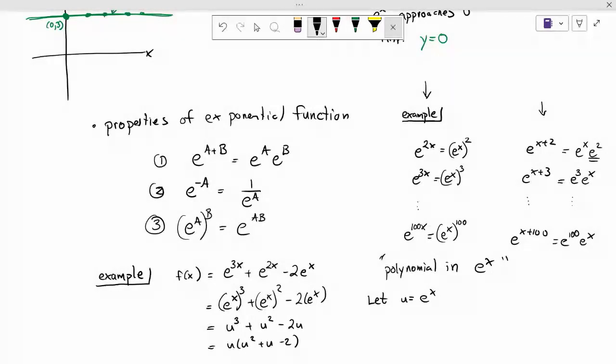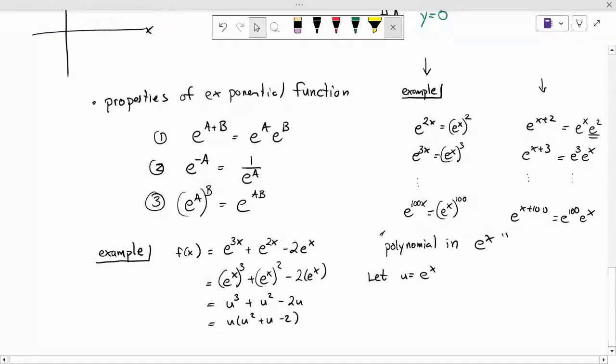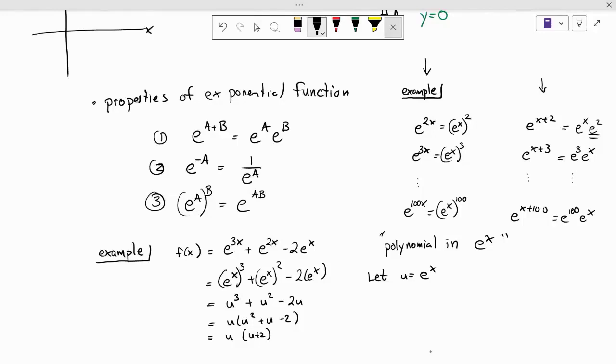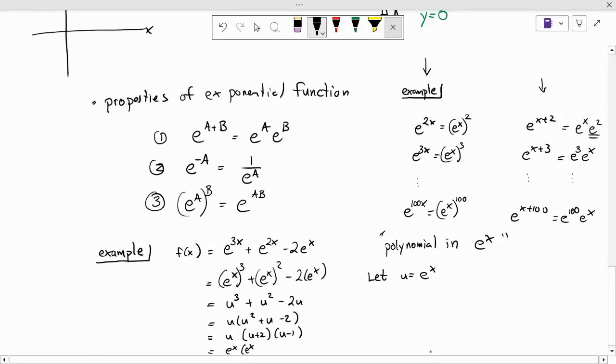And then after factoring out that u, you have a remaining factor which is a quadratic, which I believe we can factor. And we know we can now back substitute. We know that u will be e to the x. And really, this is the same problem I did above, by the way.